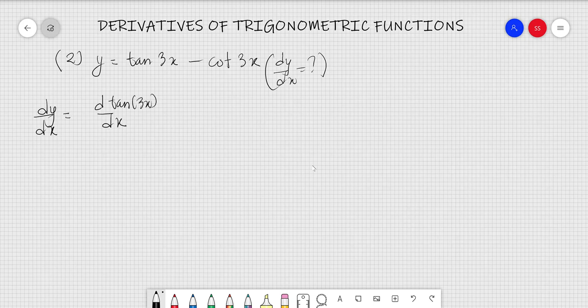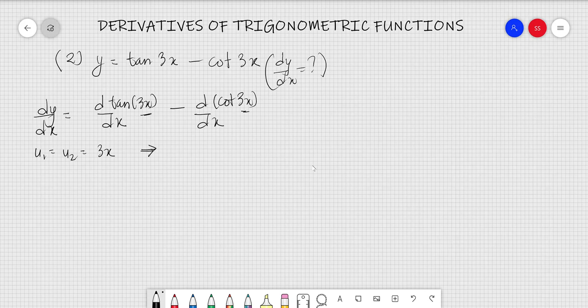So it will be d tan 3x by dx minus d cot 3x by dx. Here the variable 3x is common in both the trigonometrical functions. So let us suppose u1 equals u2 equals 3x.